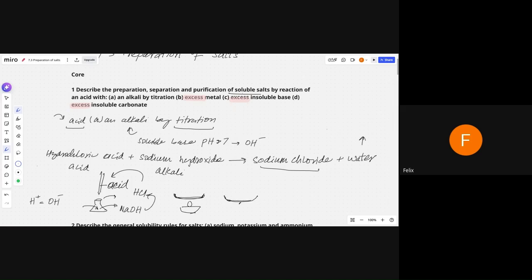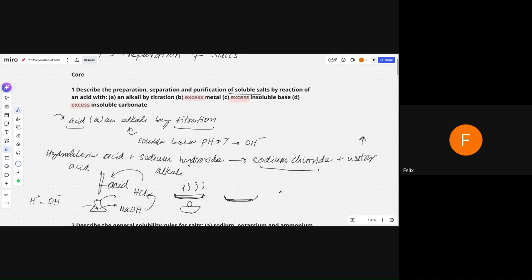Since most of the water has been evaporated now, the salt that was soluble in this volume cannot remain soluble in a small amount of water, right? So it will start to crystallize out.